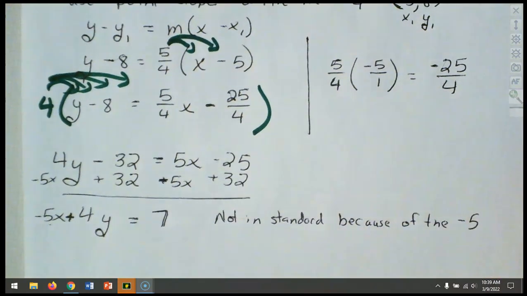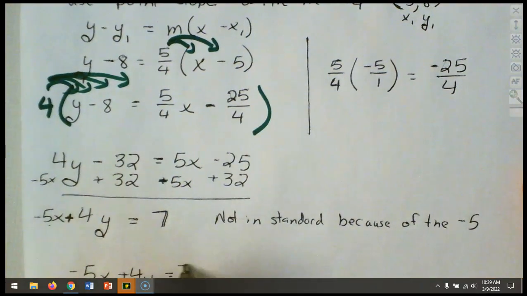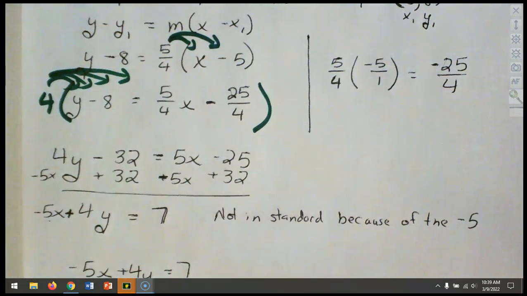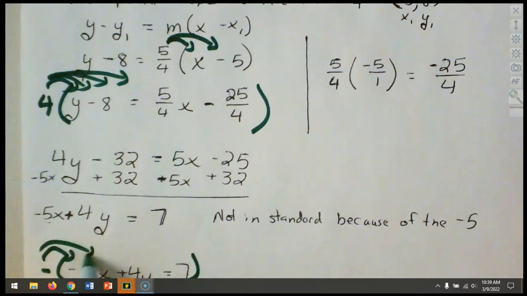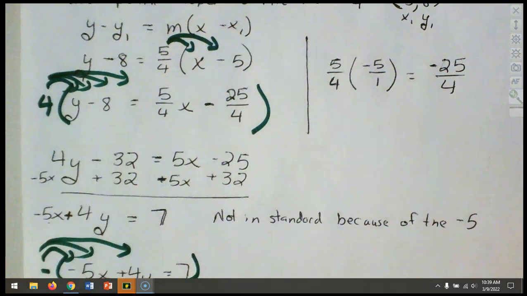So how do we handle that? Well, we take it and we multiply it all by a negative 1. That's going to change all of your signs out. So multiply it all by a negative. And that switches all the signs around.